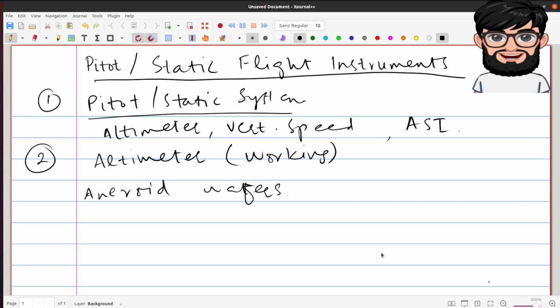When it changes, these aneroid wafers expand or contract based on those atmospheric pressure changes. This expansion or contraction, through a shaft and gear linkage, rotates pointers on the dial of the instrument. That's how the dial moves and you are aware of your height.